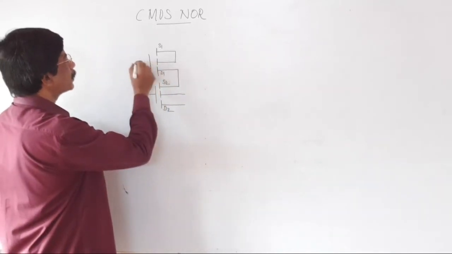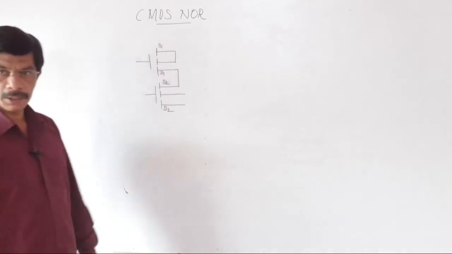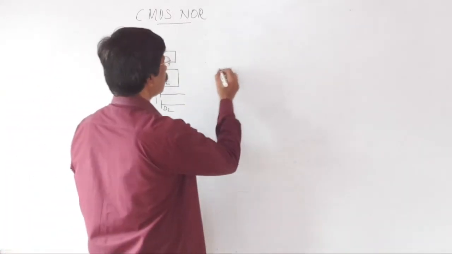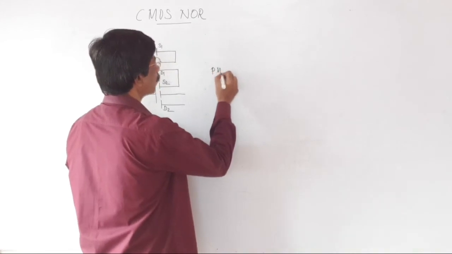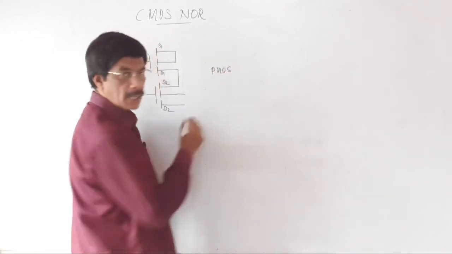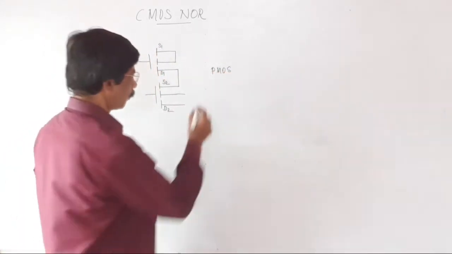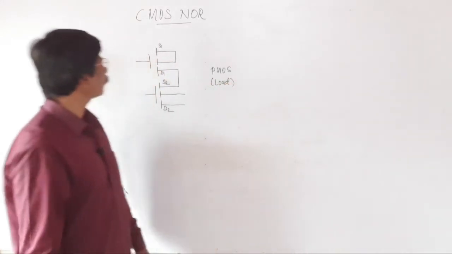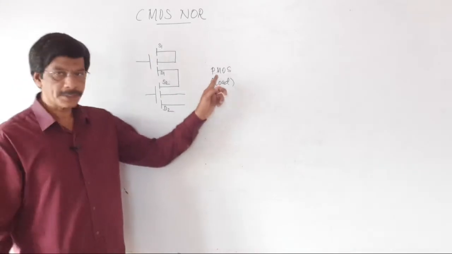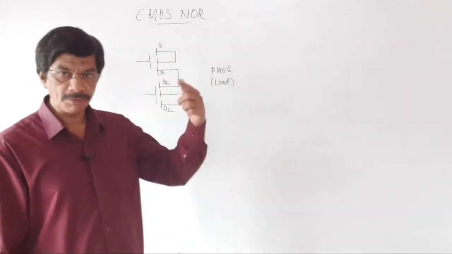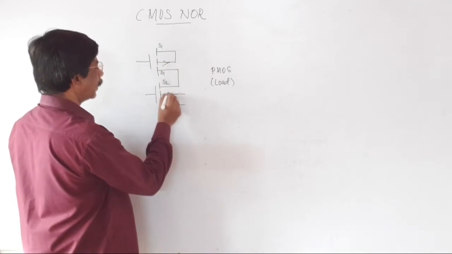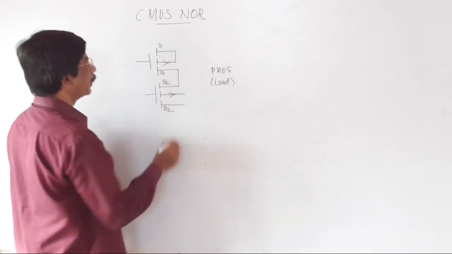Both these transistors belong to PMOS transistors. This PMOS is acting as a load. The PMOS transistors are acting as load transistors. In the case of a PMOS transistor, the arrow is moving away from the gate, and here also away from the gate.